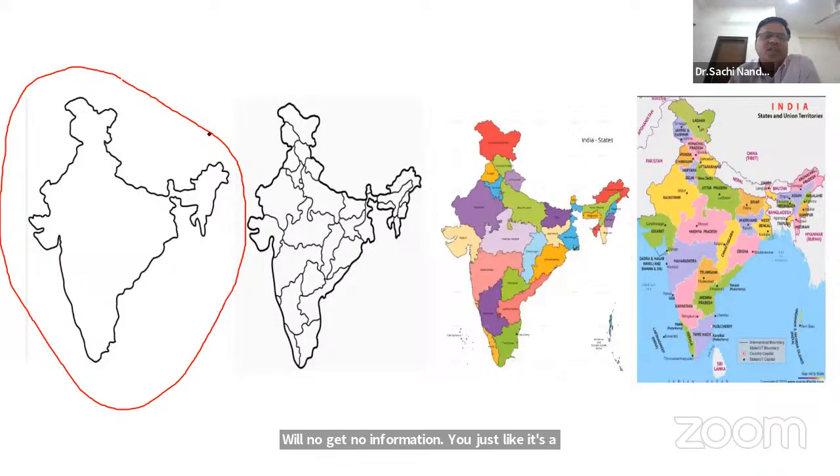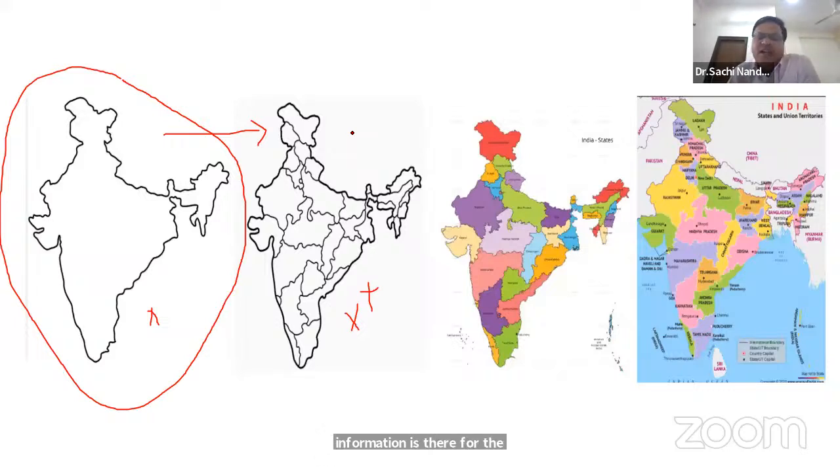Compared to this picture, here the boundary of each individual state is represented. So here the information is X, and here the information is X plus. X plus means some extra information is there. What is the extra information? Some boundaries are represented, which are nothing but different states, but which state we don't know.